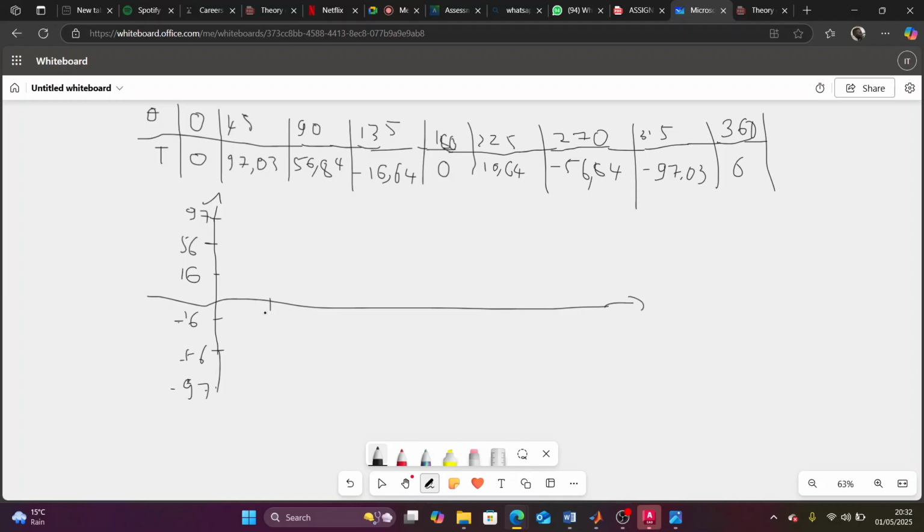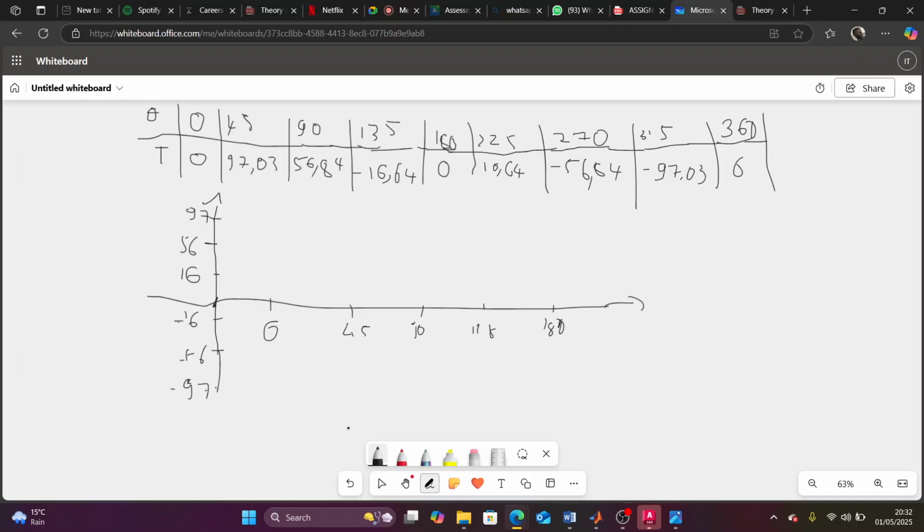Now, how do we go? We move 0, 45, 90, 135, and then 180. Now, what do we do now, Andile? We know that 0 is this point, Andile.